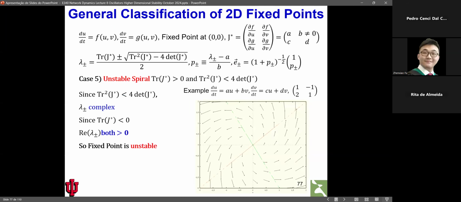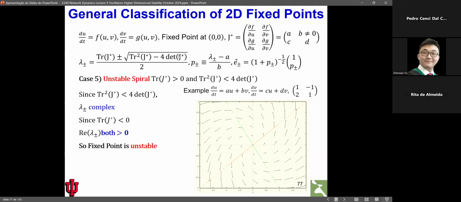Then you have the unstable spiral. What's going to happen? The trace is going to be larger than 0, because the real part is this part, right?